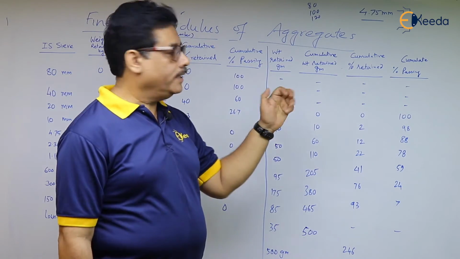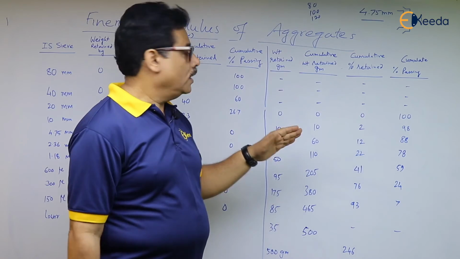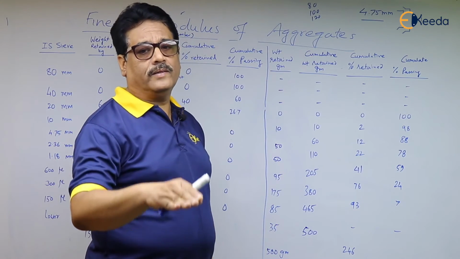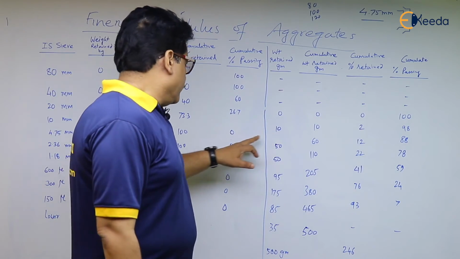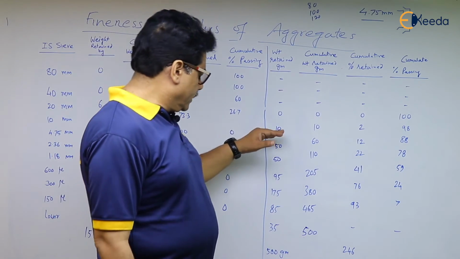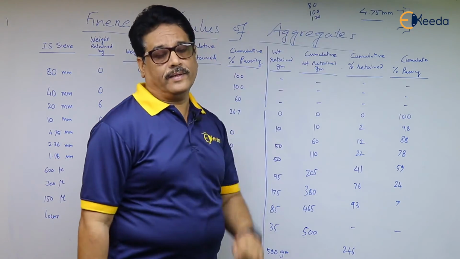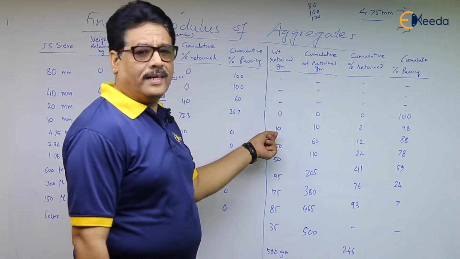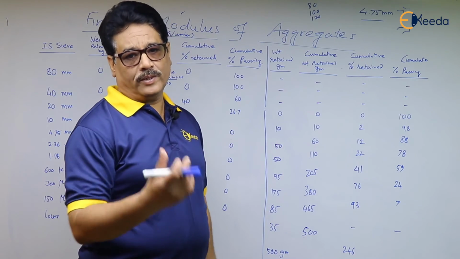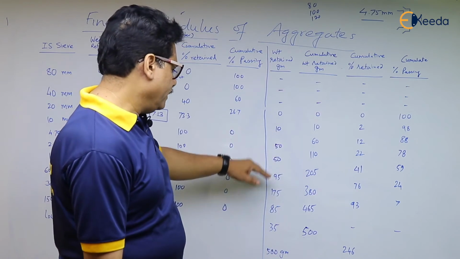The weight retained on the 80 mm sieve will be 0. Every particle of sand will fall down. Here also, everywhere. Now if we have 4.75, out of 500 gram there may be some 10 gram which are more than 4.75 mm size, and therefore they are retained.